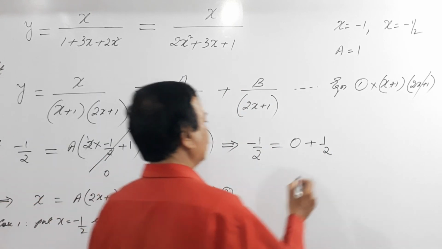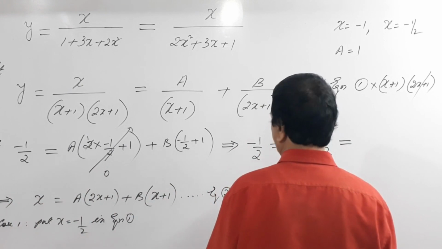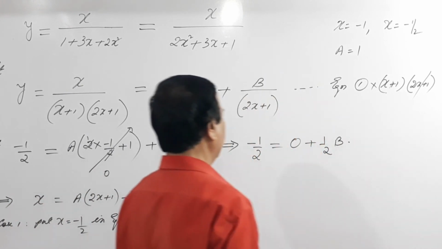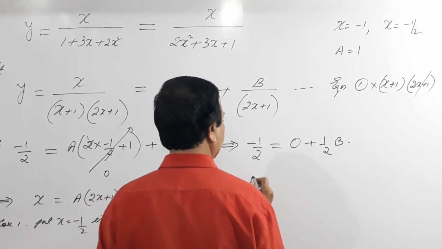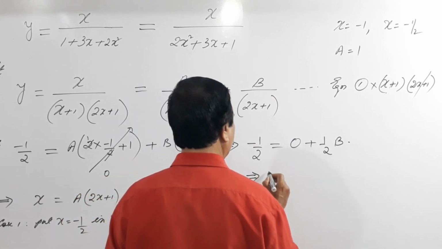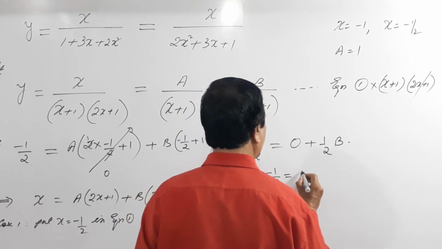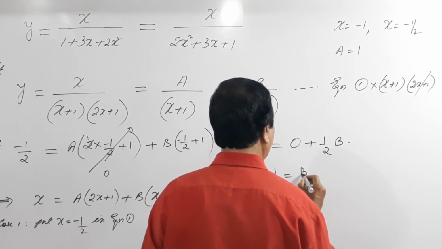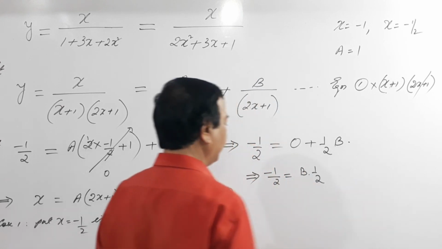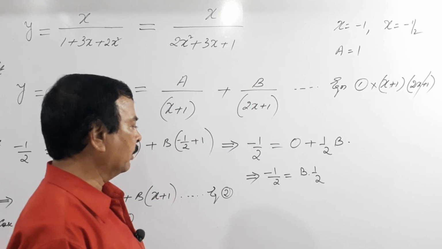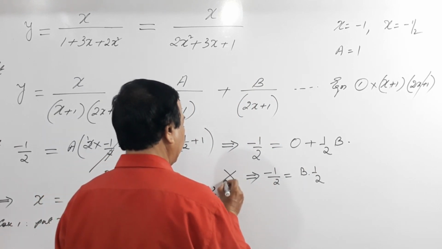So this is equals to what? Into b. So what happens to this? This is nothing but minus half equals to b into half. So what do I do? I cross multiply. So cross multiply means I put like this.